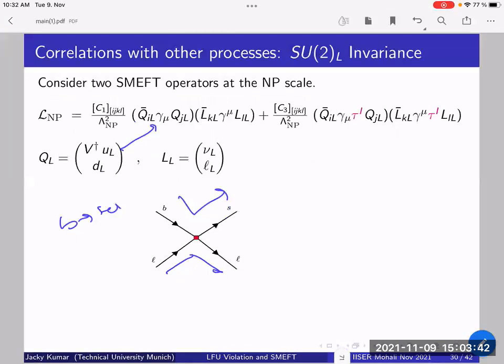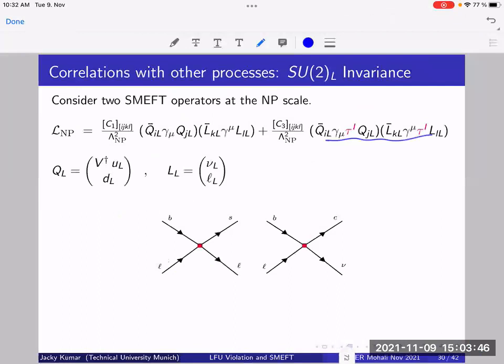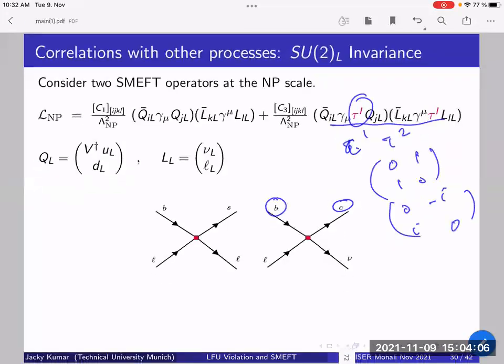But it is also easy to see, through this operator, because it has the Pauli matrices, and as you know tau 1 and tau 2 are off diagonal, with a 0 1 1 0 and 0 minus i, i 0 kind of structure, you will also get interactions between up type and down type quarks. So this will also generate b to c.